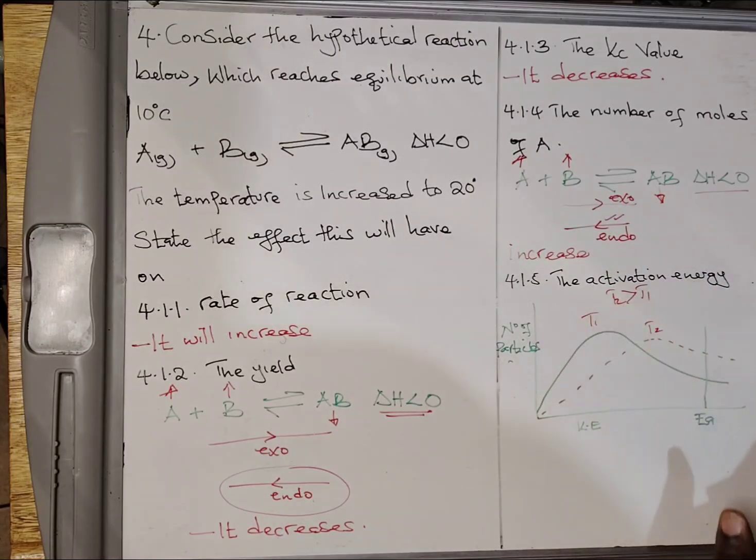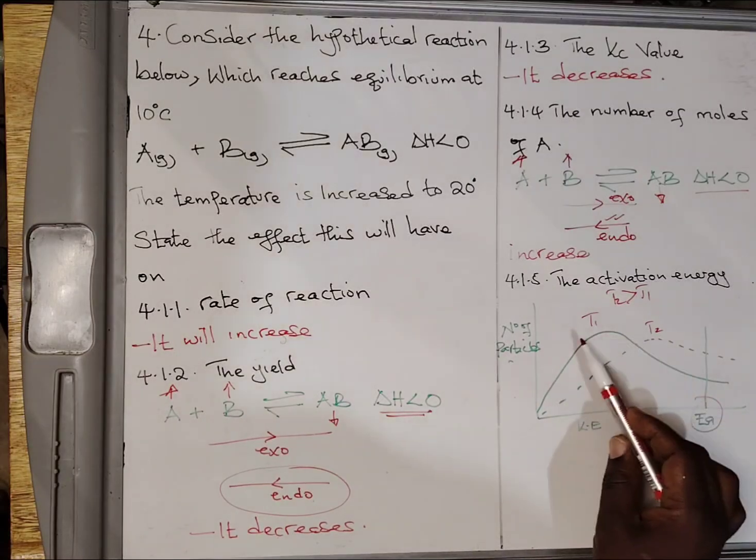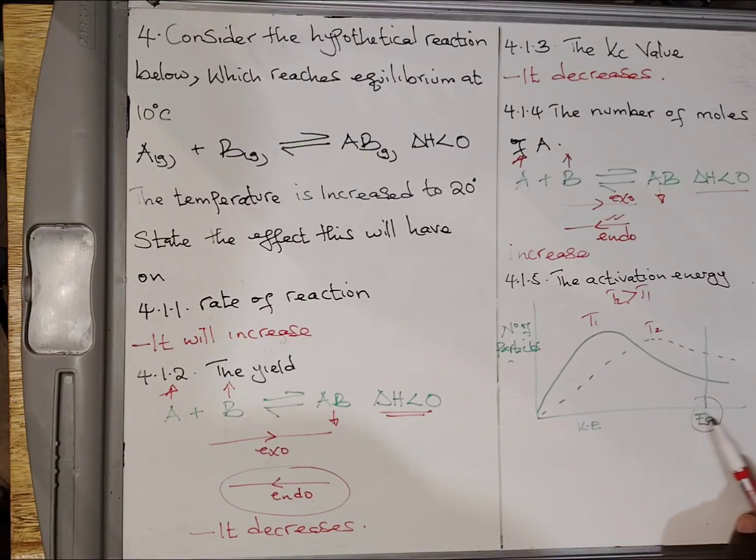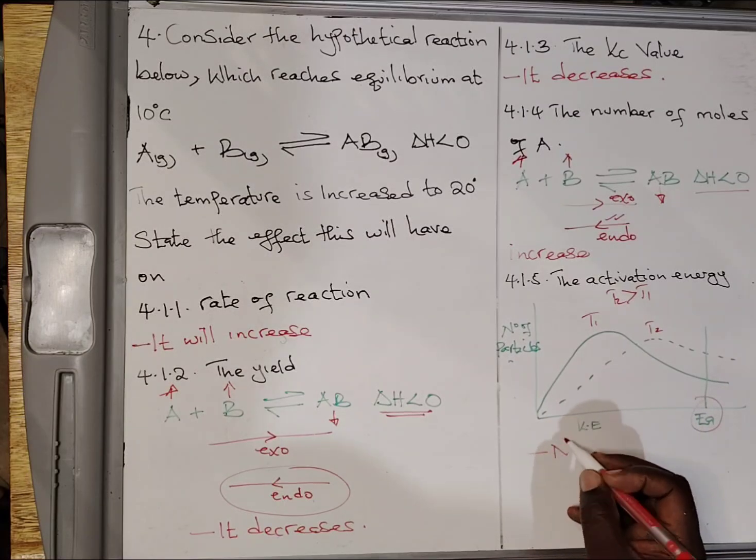Two graphs at different temperatures, but what do we notice? That our activation energy has not shifted. So what can we learn from here? That temperature has no effect on activation energy. So the answer is no effect.